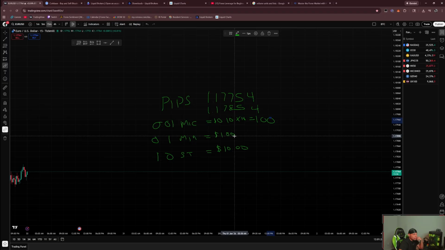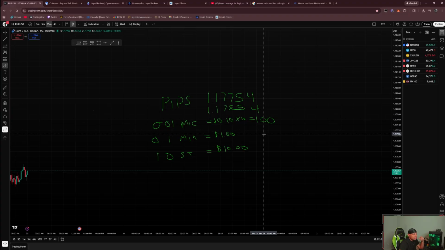And same thing here. If we're using $1 per pip and we went up 10 pips, we will make $10 here, or $100 on the standard. So if this moves, let's say for example, from 1.17754 to 1.1792, let's use a random number. If this moves to 92, that would be 17 pips.